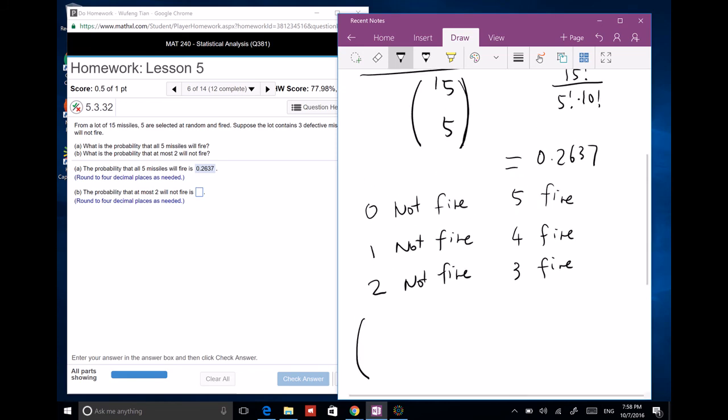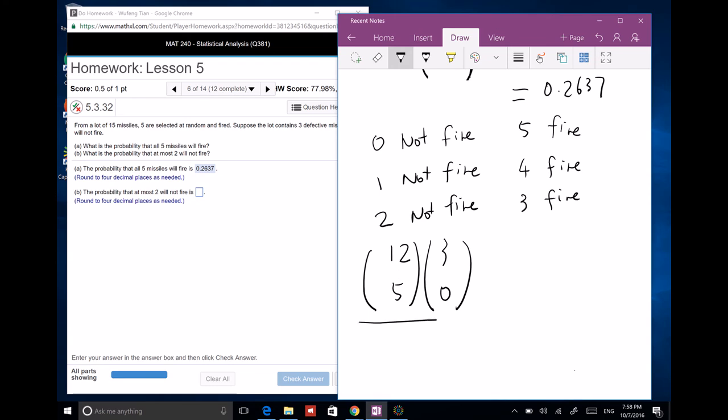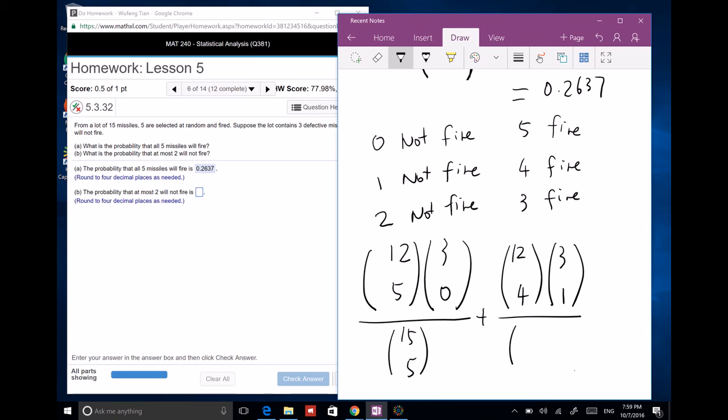So now we choose it. We have 12 that will fire, so select 5 from 12, and then select 0 from 3. And the total is the same, choose 5 from 15. Plus 1 will not fire, so 4 fire, so choose 4 from 12, and choose 1 from 3, over choose 5 from 15, which is the total.